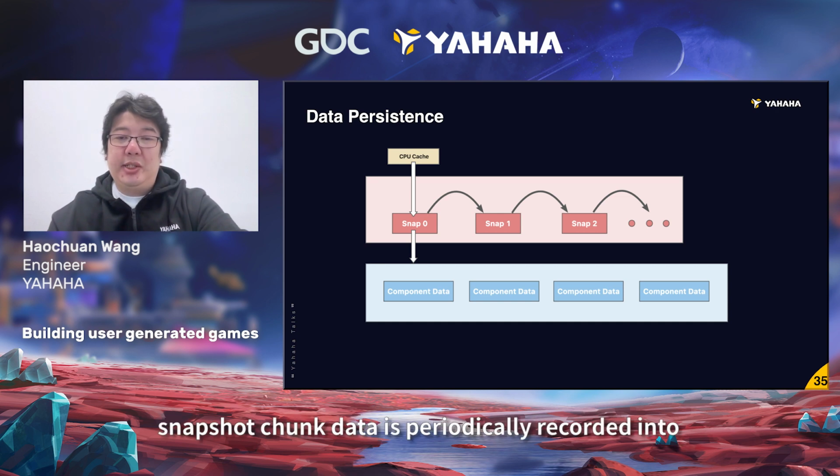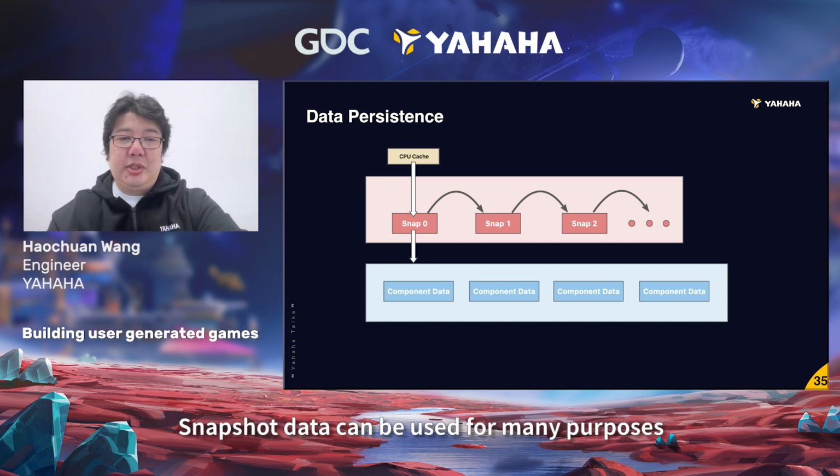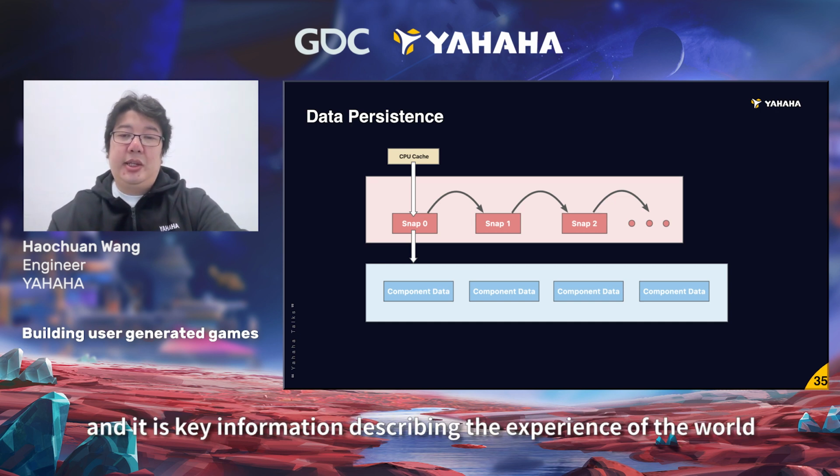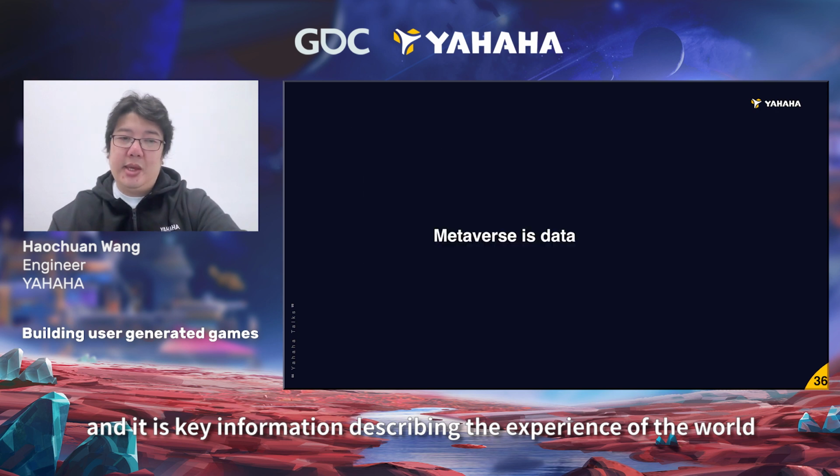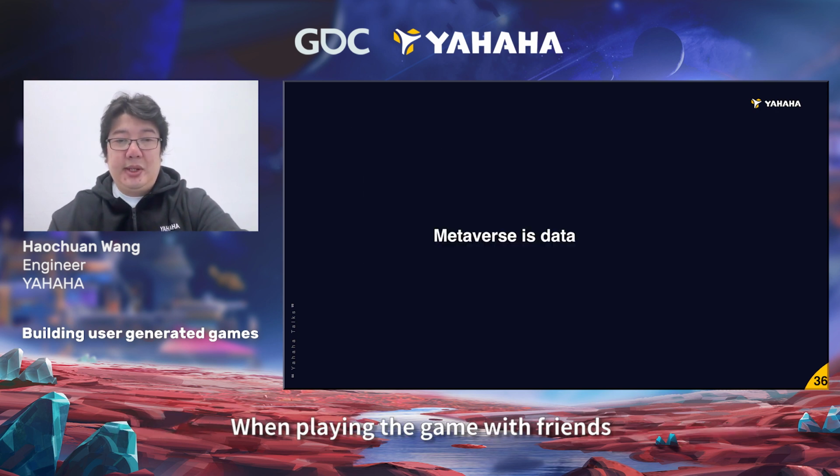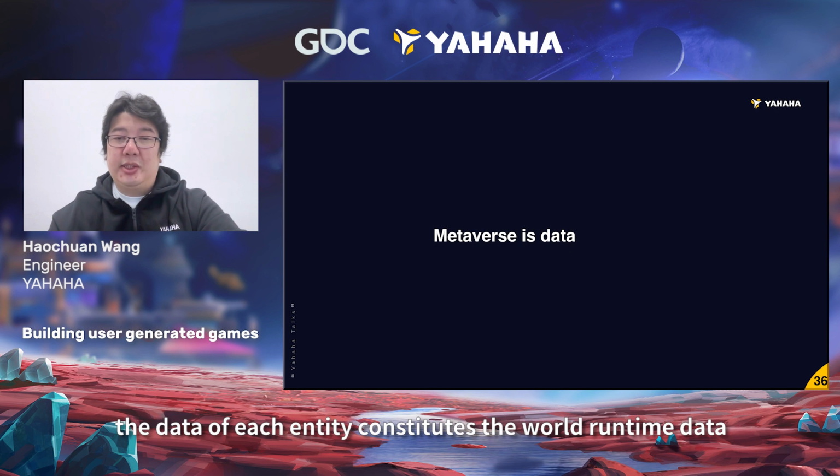Snapshot chunk data is periodically recorded into dynamic buffer elements. Snapshot chunk data can be used for many purposes, and it is key information to describe the experience of the world. When playing the game with friends, the data of each entity constitutes the world's runtime data.